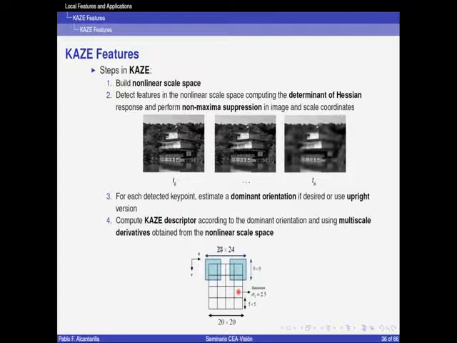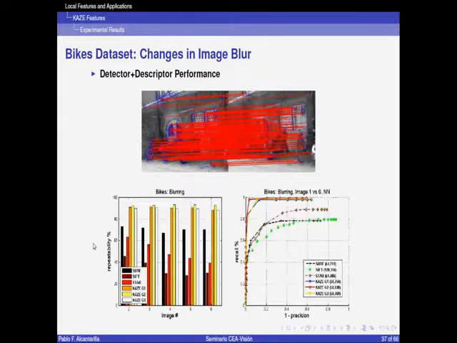This rectangular grid has an area of 24 by 24 pixels times the scale. We divide it into different subgrids, in which we sum the contributions of the first order derivatives.